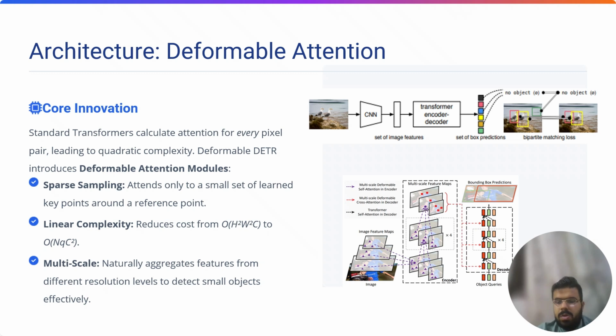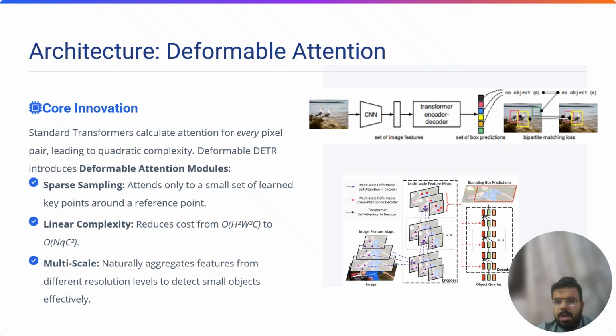The solution provided by deformable DETR is that it introduces sparse sampling, in which instead of looking at every pixel, the model learns to attend only to a small set of key points around reference positions. This reduces computational complexity from quadratic to linear.